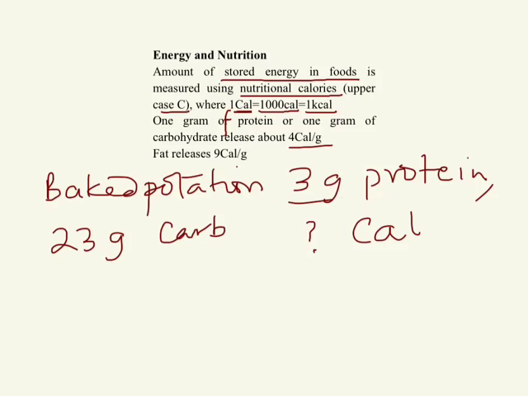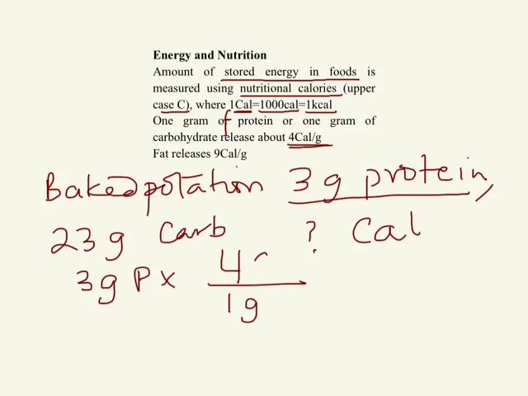Here, 3 grams of protein, and we know 1 gram of protein releases 4 calories per gram. So 3 times 4 is 12 calories. So we're going to get 12 calories from protein.